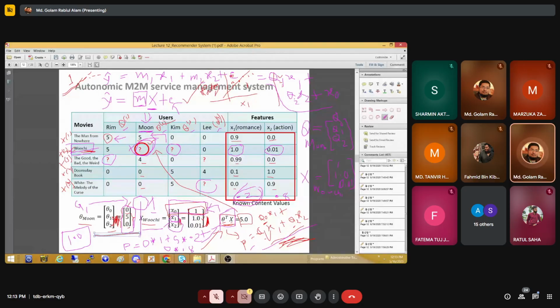So this is how we can apply linear regression, specifically finding the regression parameters using gradient descent, and use those values to find the predicted ratings. And if the predicted ratings are high, or greater than a threshold, then we can recommend that movie to that user.